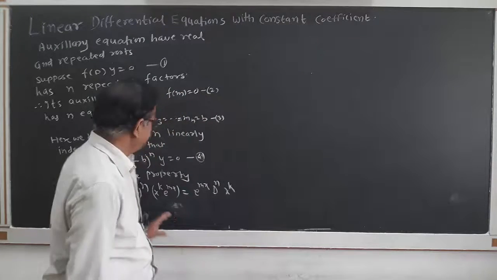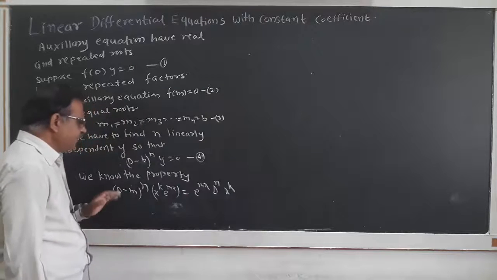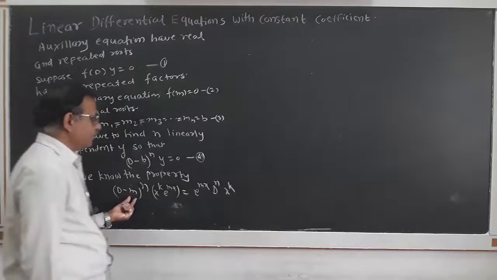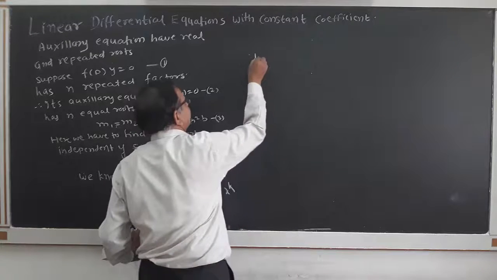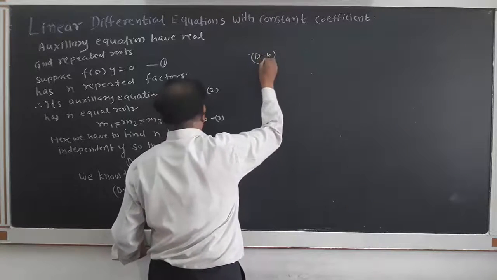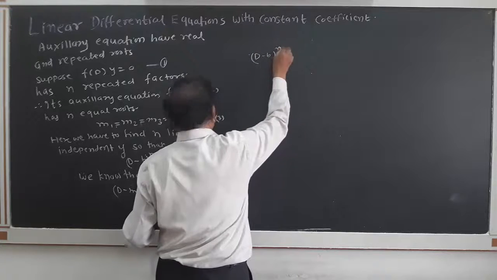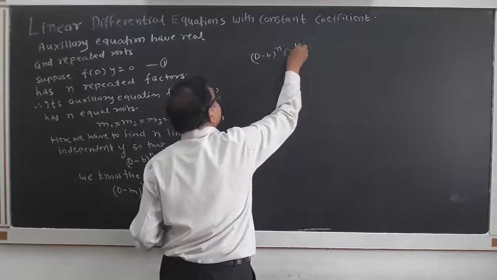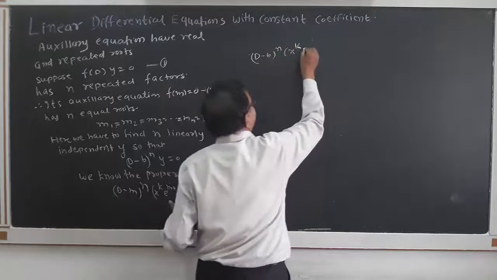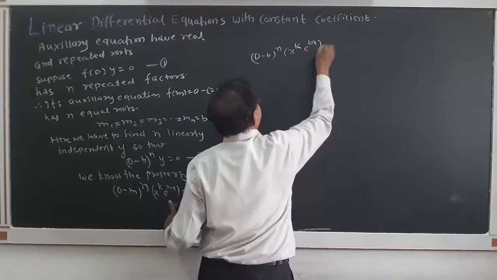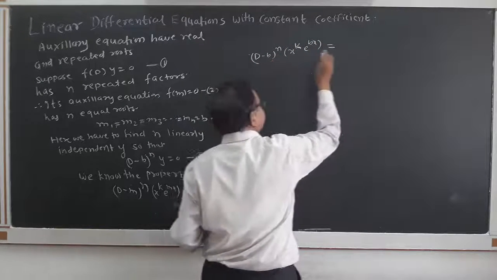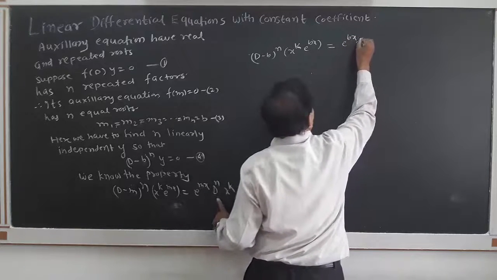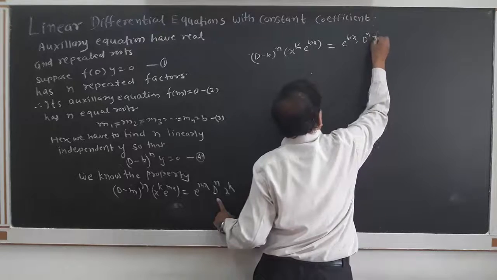This is a well-known property. In this property, if we put m equal to b, what happens? (D minus b) raised to n of x raised to k into e raised to bx equal to e raised to bx into D raised to n of x raised to k.